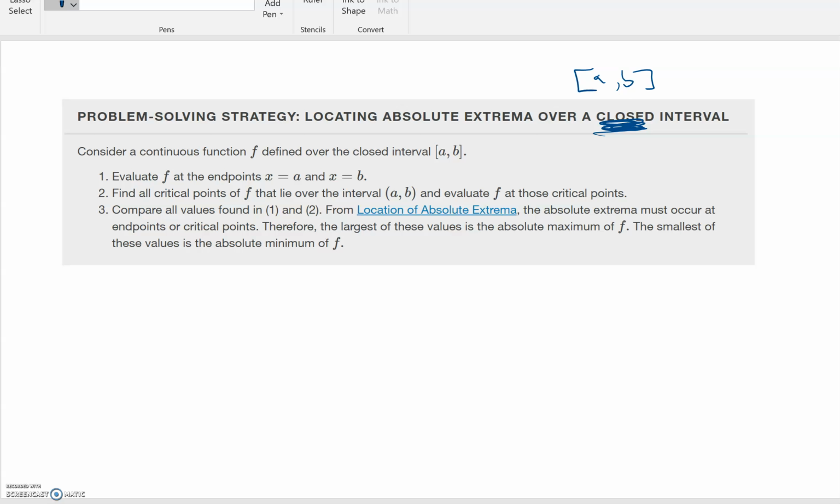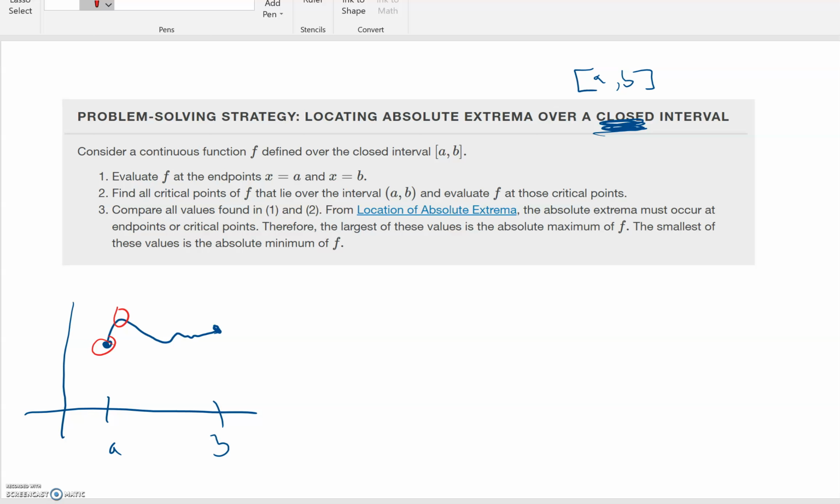So the basic process is that you get your list of critical points along with the endpoints, and then you evaluate the function over all of those things. The idea is that if it's a continuous function over a closed interval, then it has some starting point and ending point, and there's no holes in between, so it has to have a maximum somewhere, and it has to have a minimum somewhere. So that's what looks like the minimum and maximum here.